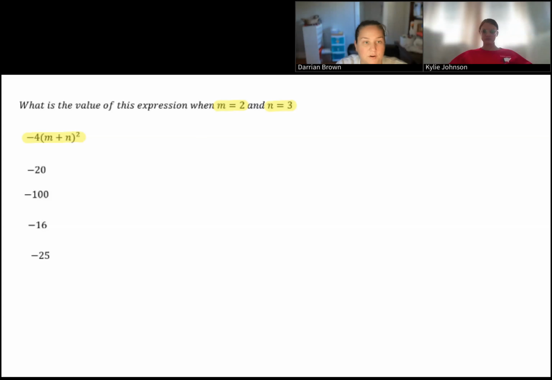So let's do that first. Let's copy down the -4, open the parentheses, and then m. Well, they told us that m equals 2, so I'm going to replace the m with a 2, plus n, which they told us equals 3, so I'll replace the n with a 3, close parentheses, and put my little 2 up there.